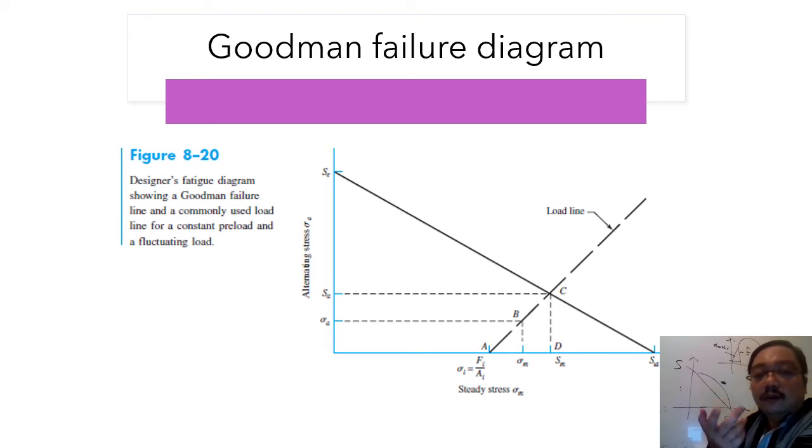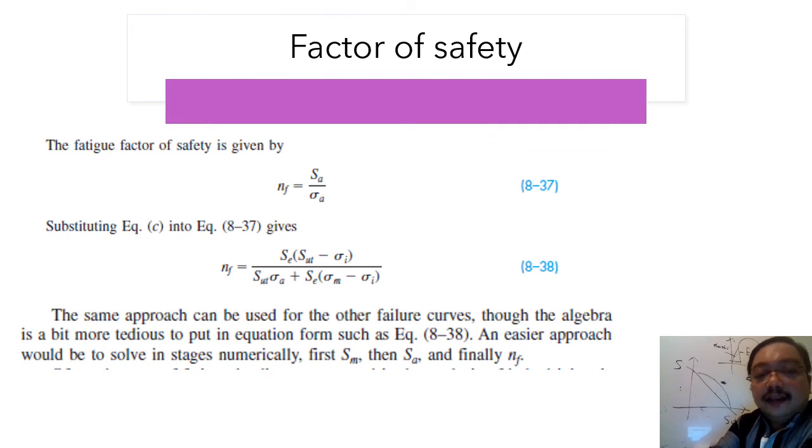So what does a Goodman failure diagram show? The end result will be the diameter of the bulb itself, whether you want it to become smaller or bigger in diameter. This is the factor of safety. The same approach can be used for other failure codes. The algebra is a bit more tedious to put in the equation.